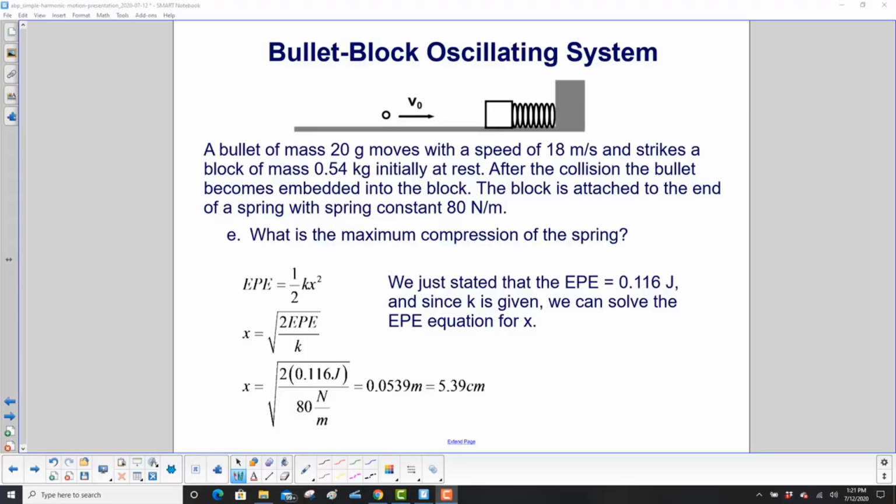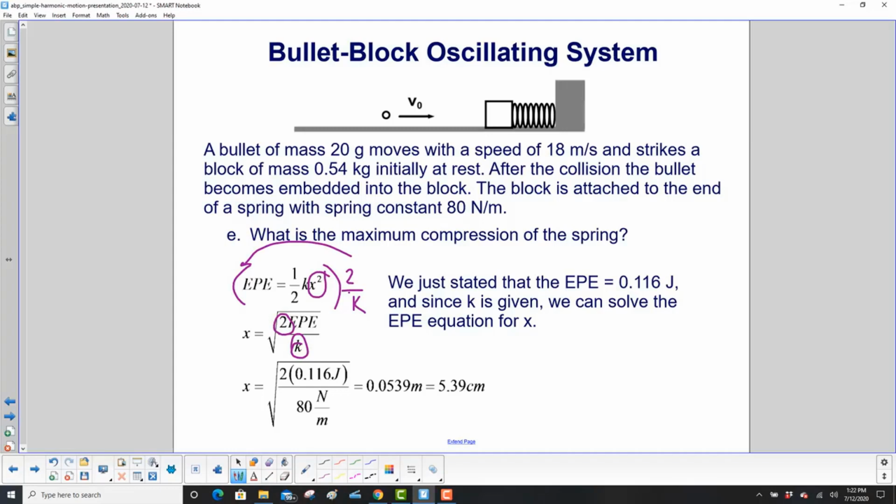What is the maximum compression of the spring? We have EPE is 1/2 kx squared. The maximum compression is going to be this x term when we use the maximum EPE. We'd like to solve for x, so multiply both sides by 2 over k. And you see that comes here, times EPE. Whatever you do to the right, you have to do to the left.